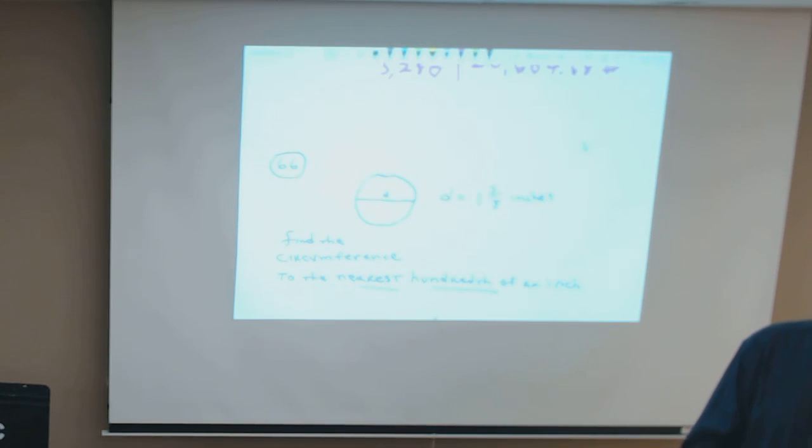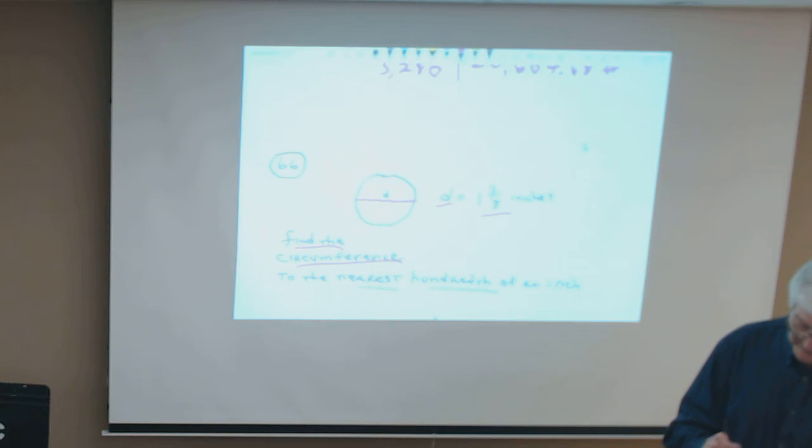Number 66. The smallest functional phonograph record is a rendition of God Save the King, which is 1 3/8 inches in diameter. The diameter is 1 3/8 inches. Find the circumference.